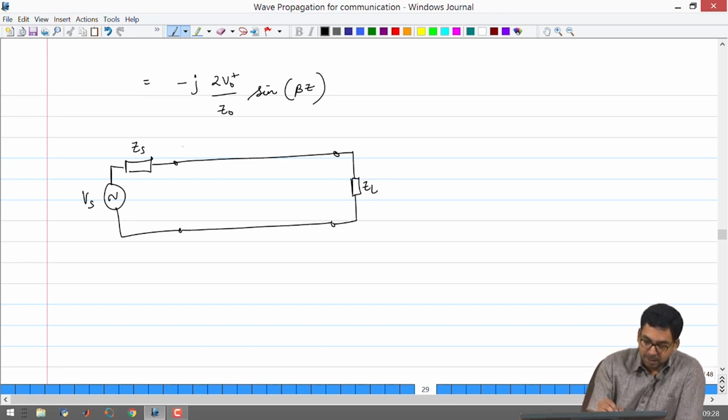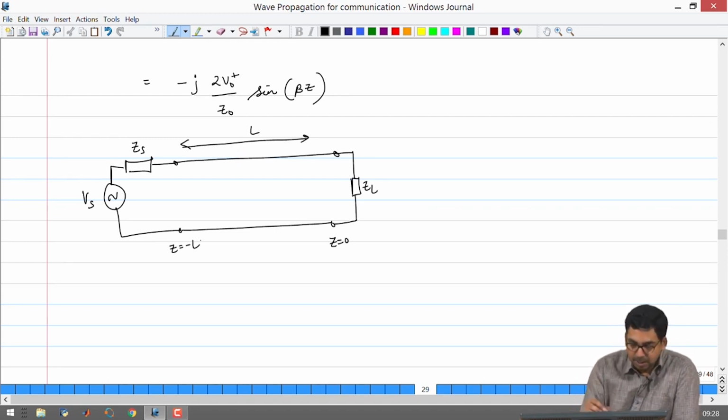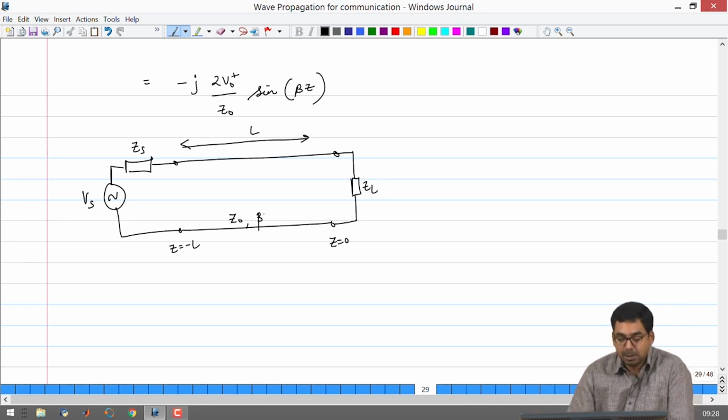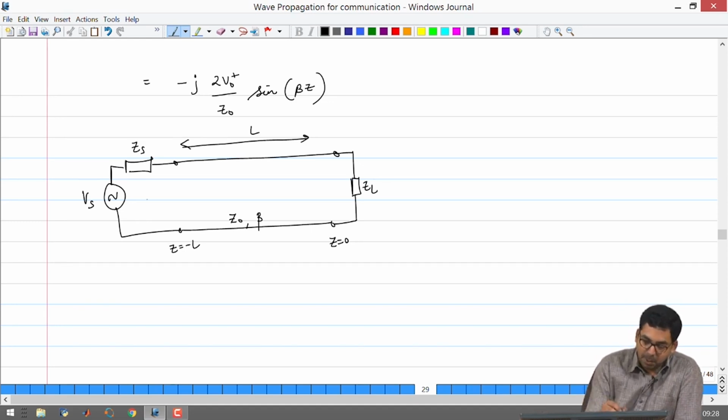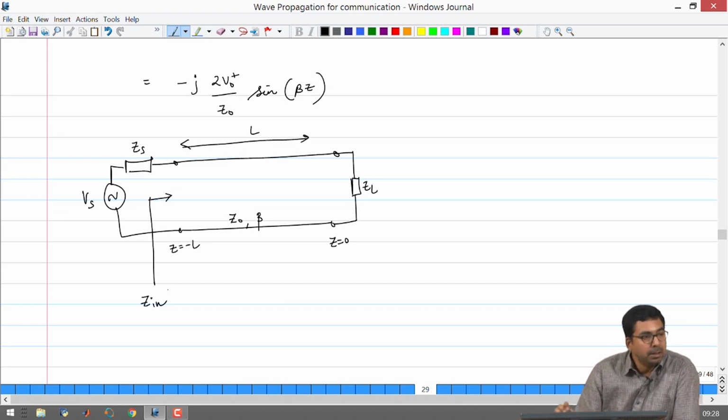The length of the line is L, and I am maintaining the same coordinate system, which means that I mark the load end as position z equal to 0, and the input position z equal to minus L. The characteristic impedance of the transmission line is Z naught, and the phase constant is beta. I want to understand, looking into this transmission line in the direction marked by the arrow, what impedance I would be seeing.